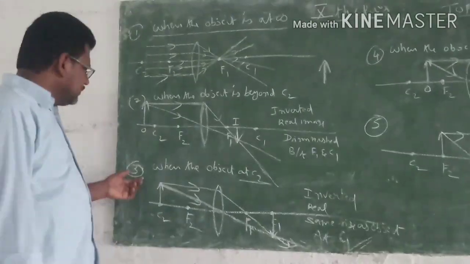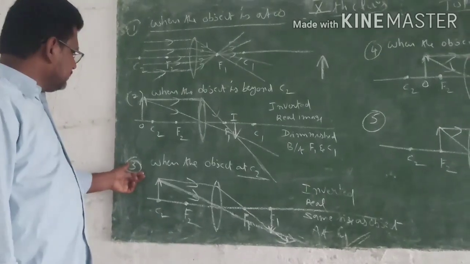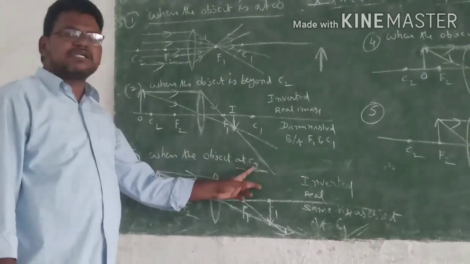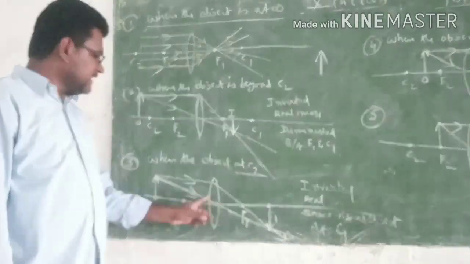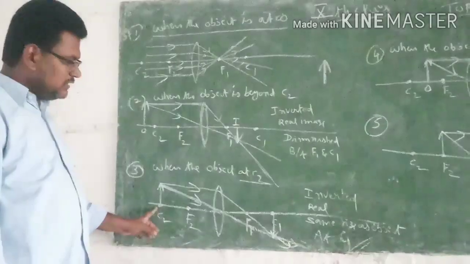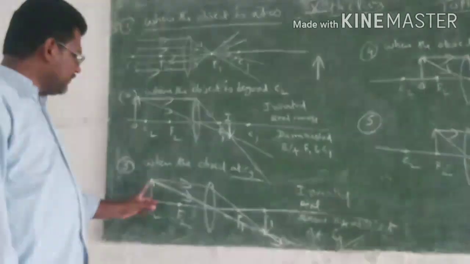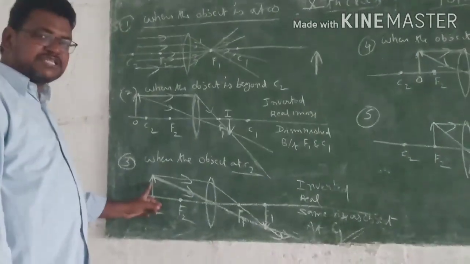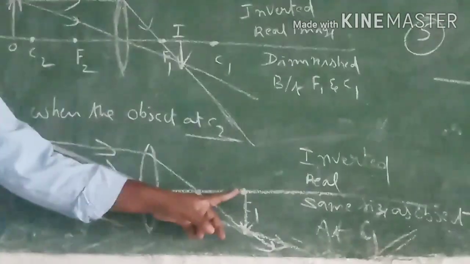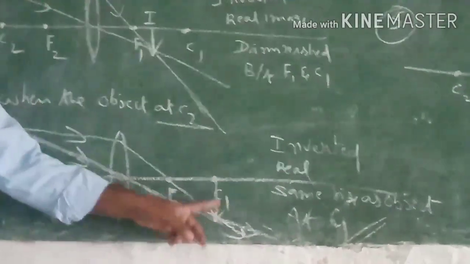Now, let's see the third case. In the third case, when the object is at C2 on one side of a lens, then the convex lens can form its same size of image at the same distance at C1.